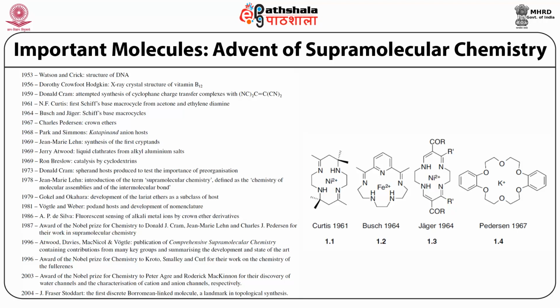If you look at the history of the advent of supramolecular chemistry, it all started with the discovery of the structure of DNA by Watson and Crick in 1953. It was followed by many important discoveries, but three important discoveries by Donald Cram, Charles Pedersen, and Jean-Marie Lehn stand out for their synthesis of cyclophane molecule, crown ether complex, and cryptand.